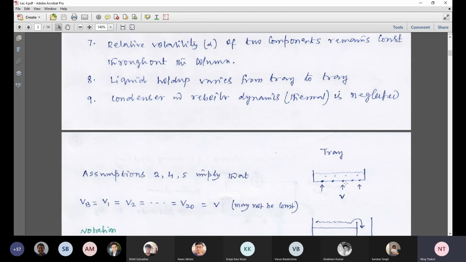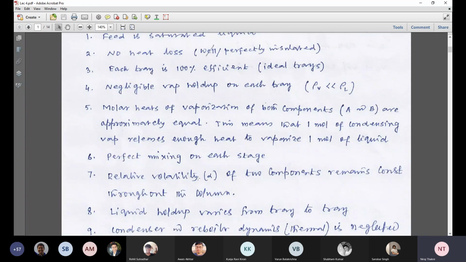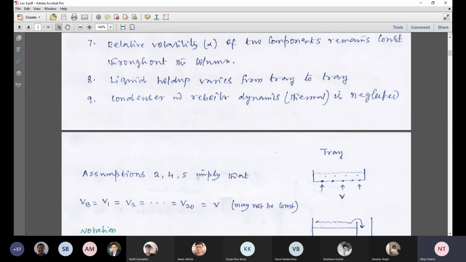Yeah, so can we write this? You all agree or anyone disagrees? See, you just think this way. Suppose assumption 2, what is that? No heat loss. No heat loss means there is no effect on the tray temperature.